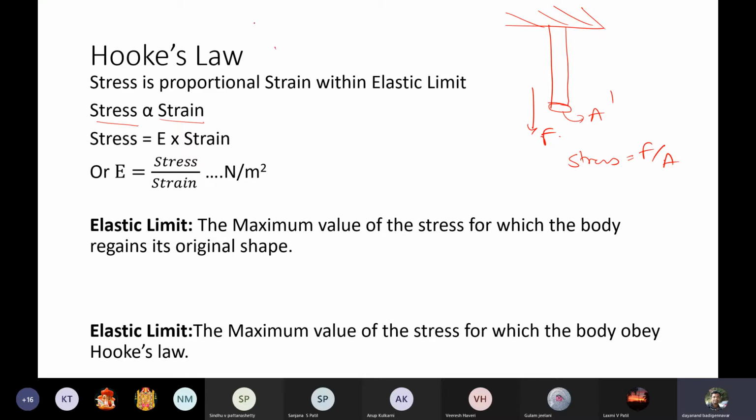And what is strain? Strain is nothing but the ratio of change in dimension to the original dimension.